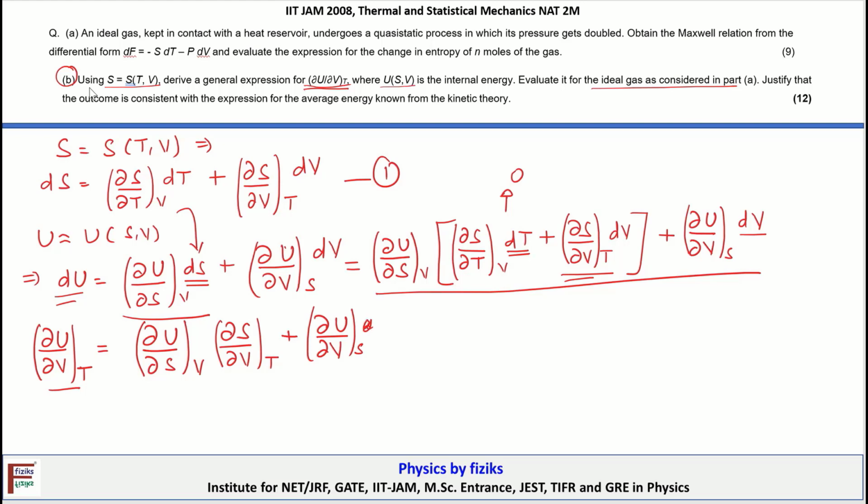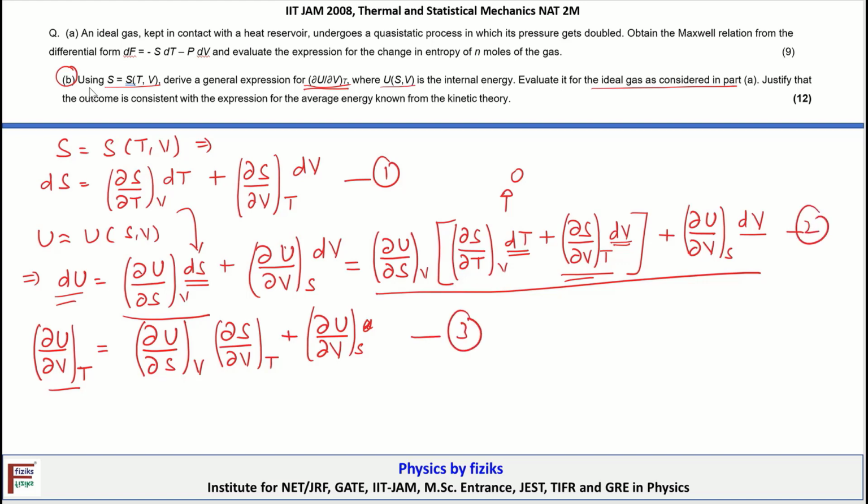Yes, that's all. dV we have already taken on the left hand side. Let's call this equation 2 and this equation 3.